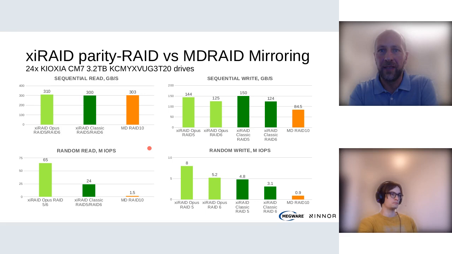But then when you start doing sequential write, our performance in RAID 5 is about 2x what you can get with MD-RAID in RAID 10, or 50% better even with RAID 6 versus MD-RAID in RAID 10. And then the comparison in random is very unfair because we have multiple orders of magnitude of performance improvement both in random read and random write.